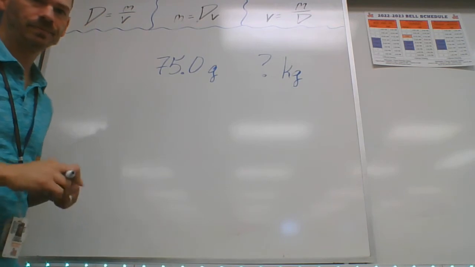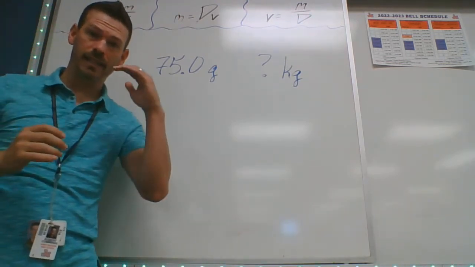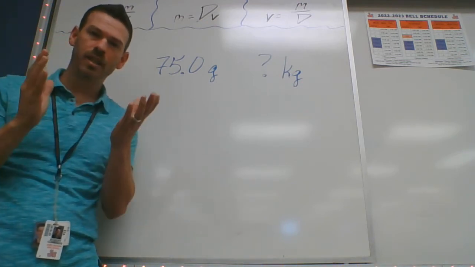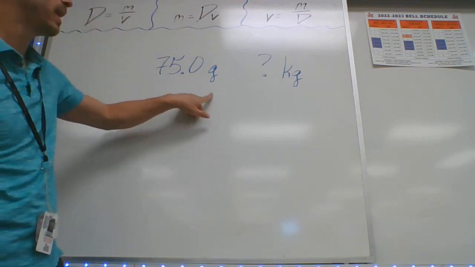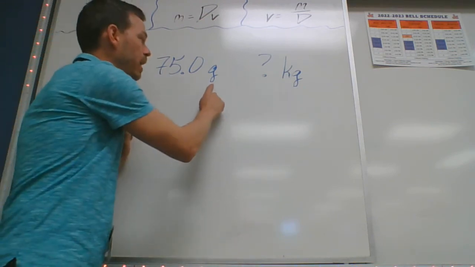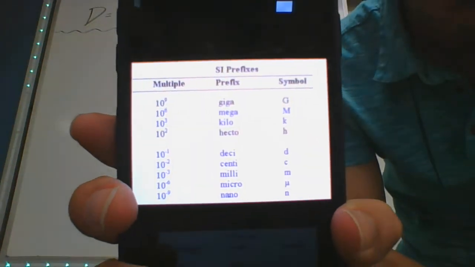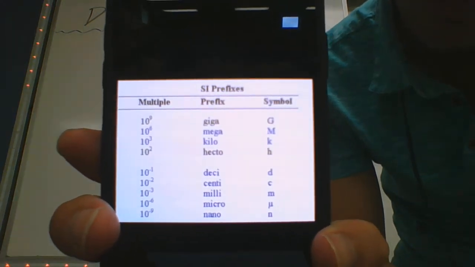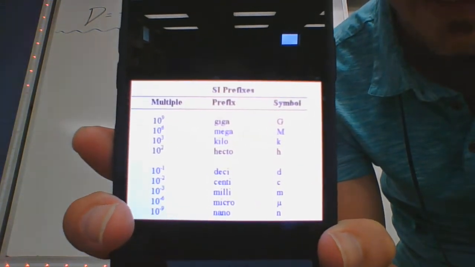You'll notice that the way I think through these, it's step by step and always the same. So just latch on to the thought process. First I want to know, is the unit getting bigger or smaller? If you look at grams, you'll notice it doesn't have a prefix. So if you go back to your listing here, see that blank in the middle, in between deci and hecto? That's where the unit with no prefix lives, ultimately 10 to the 0.